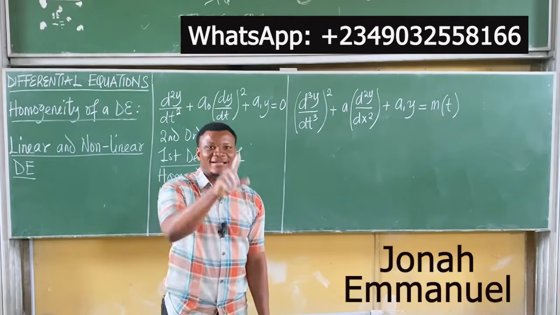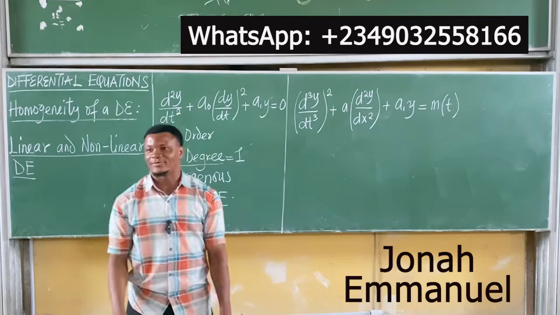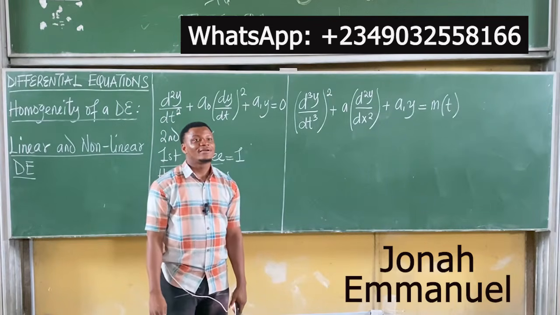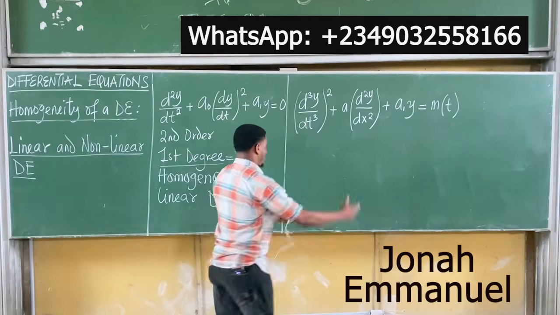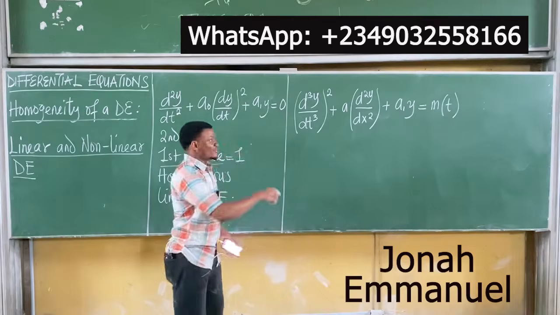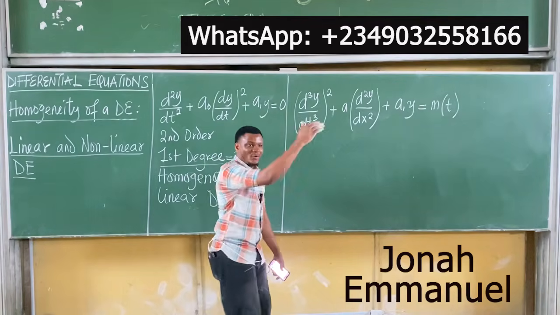Okay, just hold on there. Can you think of what's wrong here? Look at the question very well, please. Check your previous examples. If I'm using dy/dt, it's always y squared, t squared, dy/dt.